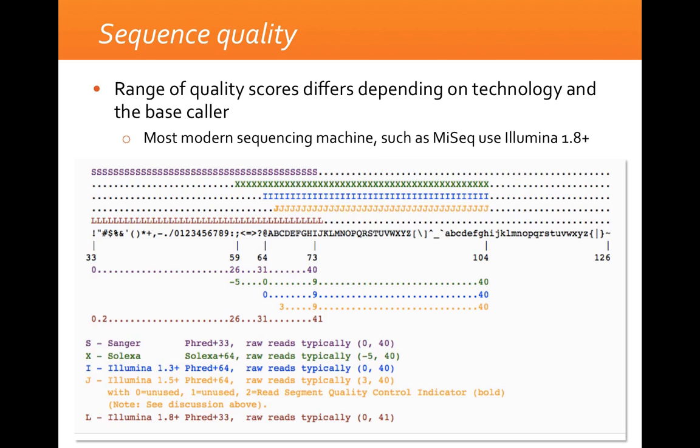So the quality scores may differ depending on the technology being used to produce this. So nowadays most, at least the Illumina machines, will produce quality scores using a scale called Illumina 1.8 or Phred 33. But if you're working with the older Illumina data, you should check if there is another quality score system being used for that.